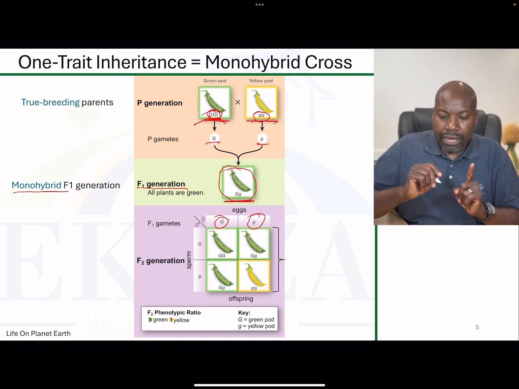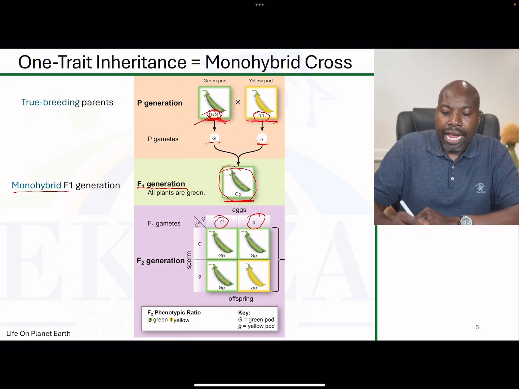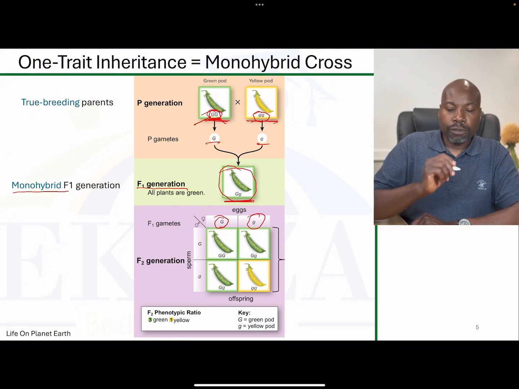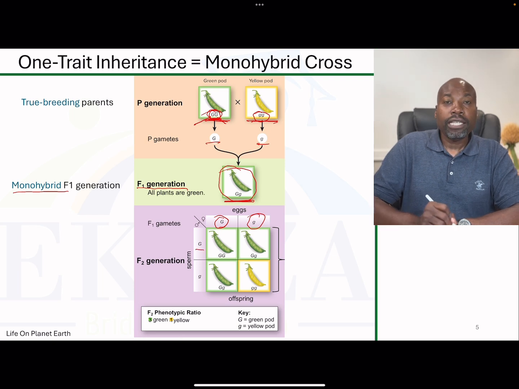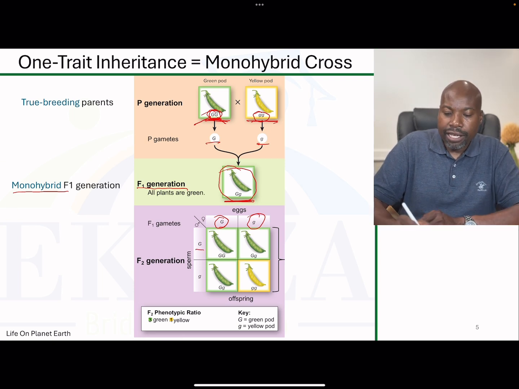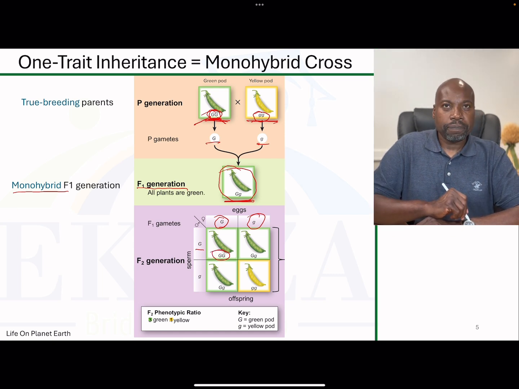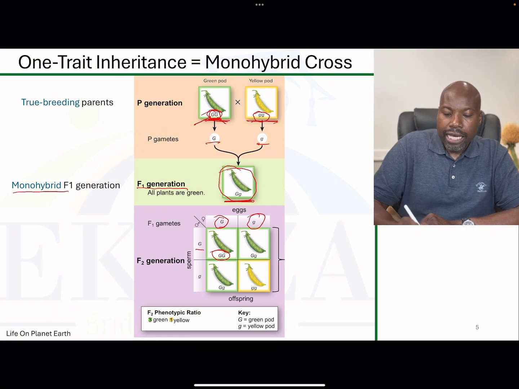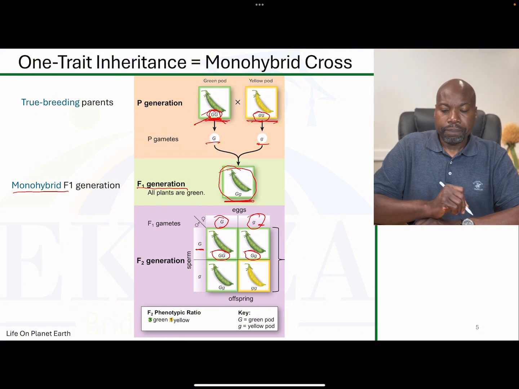So now, if you consider an egg carrying capital G and a sperm carrying capital G, when the sperm fertilizes the egg, we obtain a plant that is capital G, capital G. By the same token, if the sperm with capital G fertilizes an egg that is lowercase g, then we would have a hybrid individual that is capital G, lowercase g, right? The color of the pod would be green.